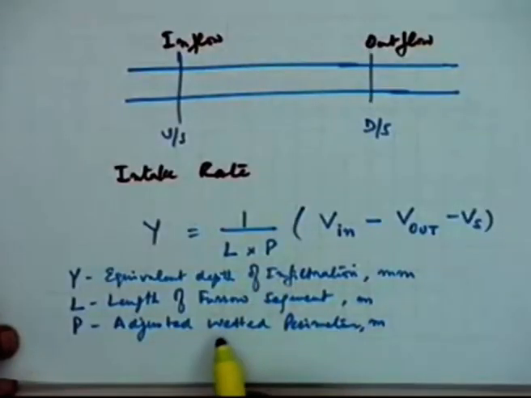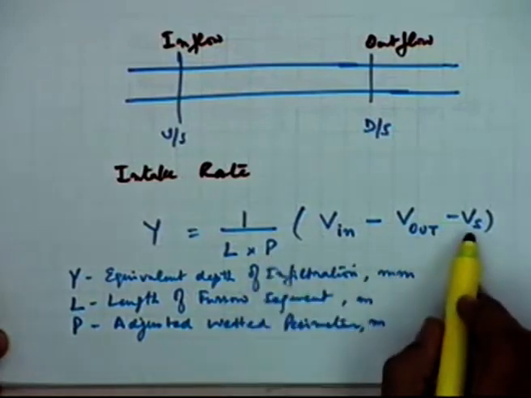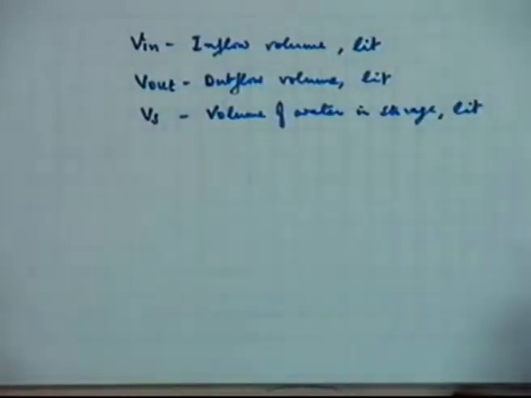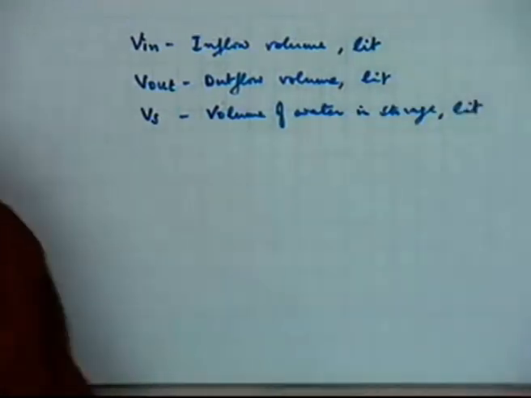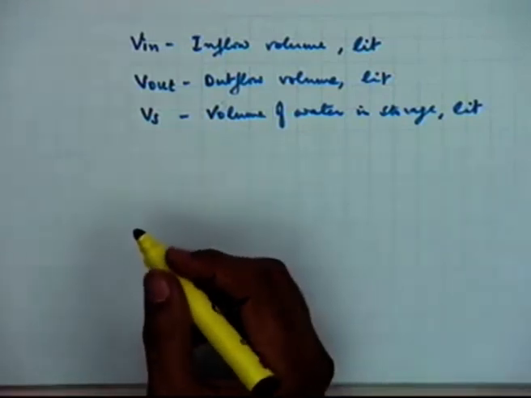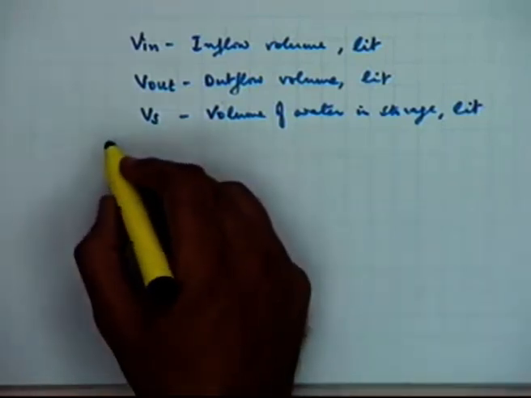If you look at this equation again, there are only two items: the adjusted wetted perimeter, which is difficult to find, and V_s, the volume of water in storage between these sections. Relationships have been formulated for these two items so that they can be evaluated comfortably from known, easily observable quantities.